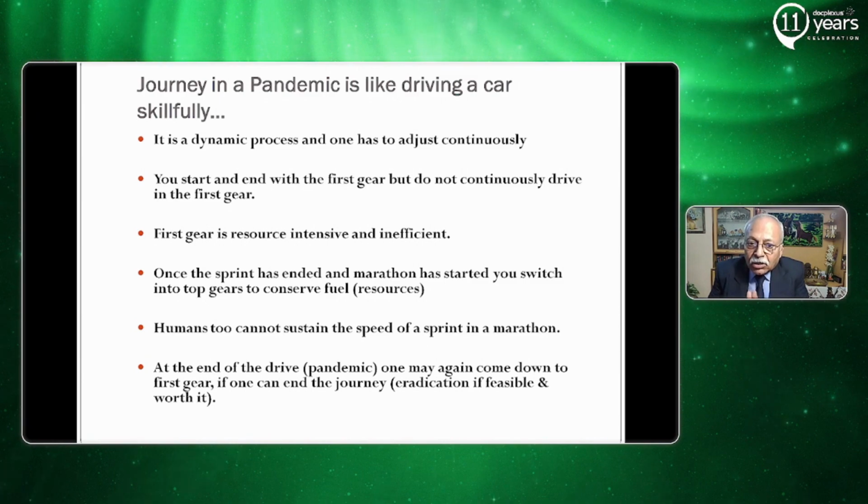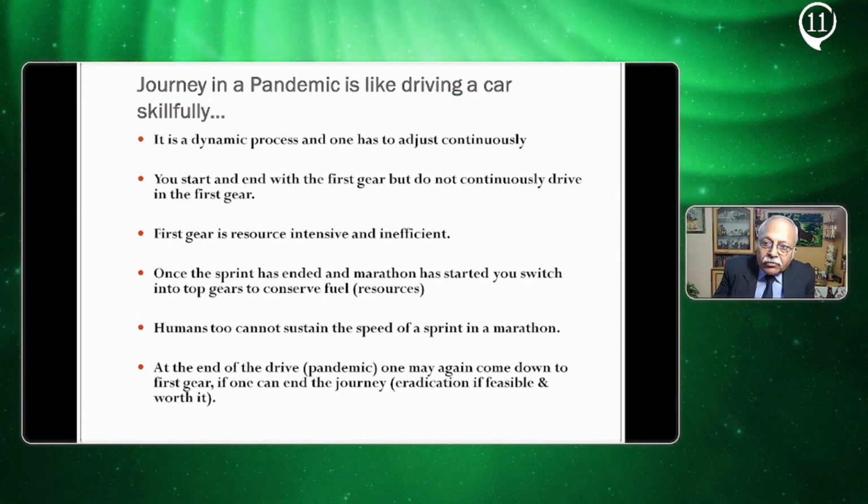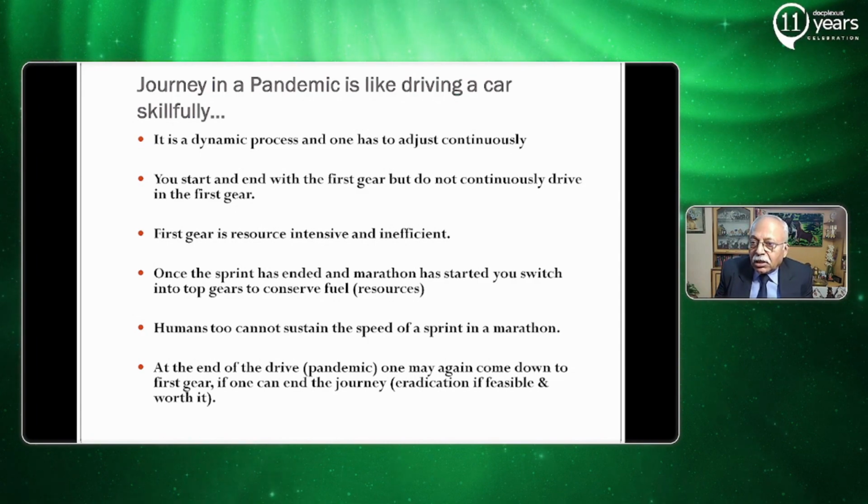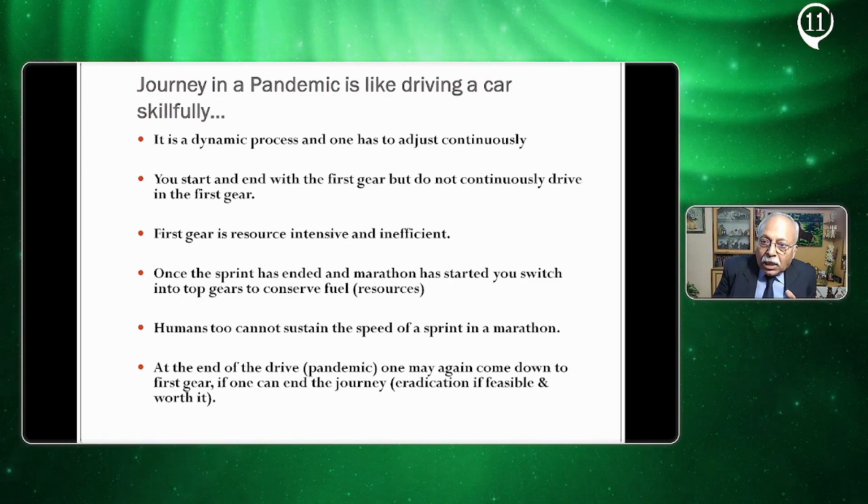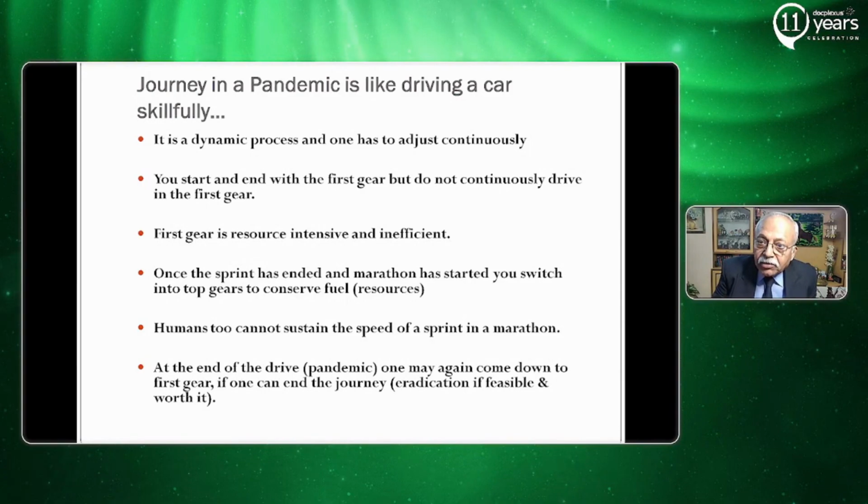Humans cannot sustain the speed of a sprint when the race becomes a marathon. At the end of the drive, when you think that the journey of the pandemic is over, you can again slow down to first gear, but that is very resource intensive, and you go for it only if eradication is feasible and worthwhile.